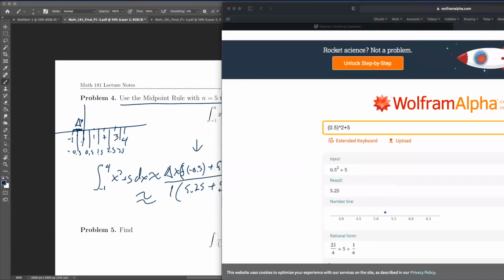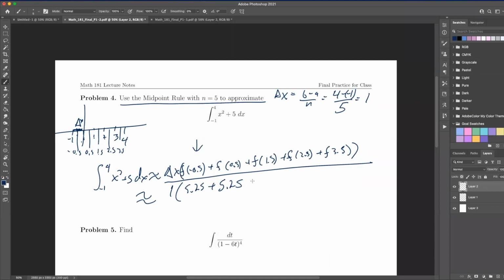Let's just finish the rest of them. So if I plug in 1 here, I'll get 6.25. I plug in a 2 here, I'll get 11.25. And then plus my last one.